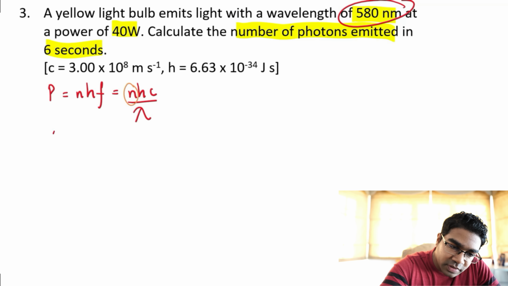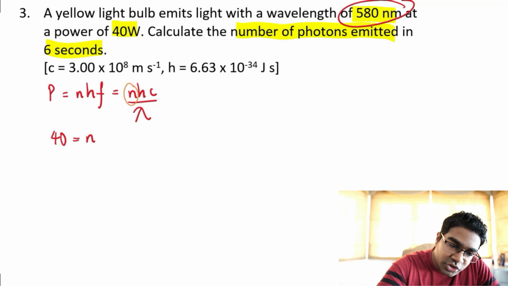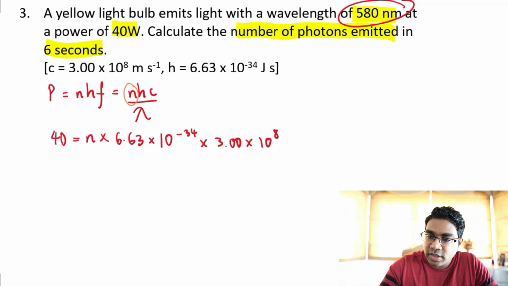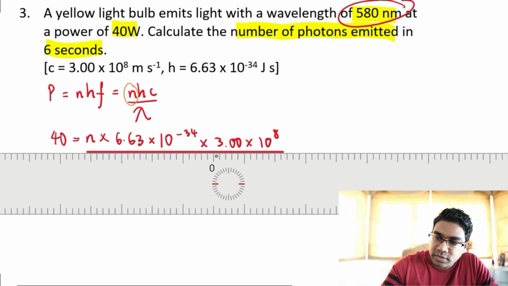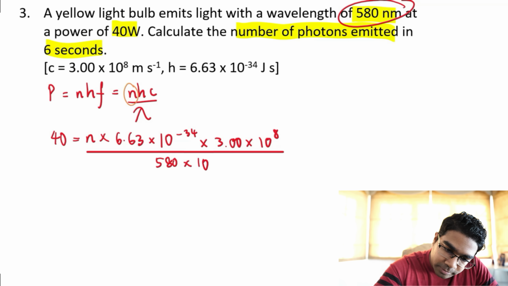P is 40. 40 equals N, the number of photons emitted per second, times h, 6.63 times 10 to the power negative 34, times c, which is 3.00 times 10 to the power of 8, divided by lambda, which is 580 nanometers, 580 times 10 to the power of negative 9.